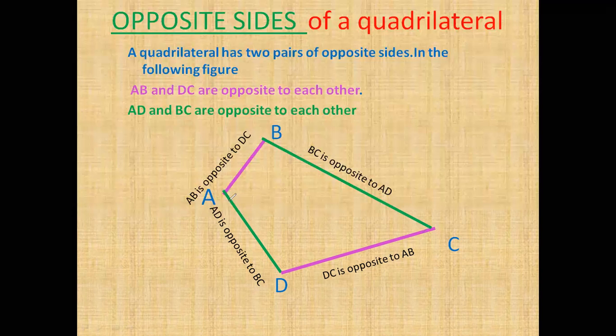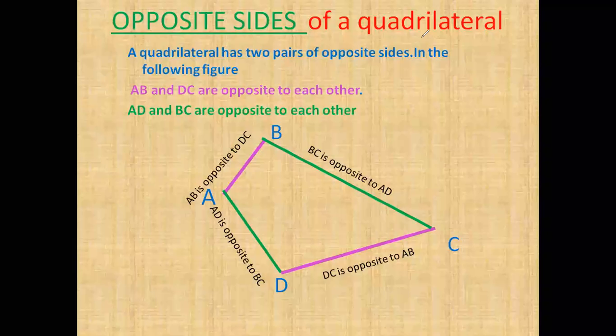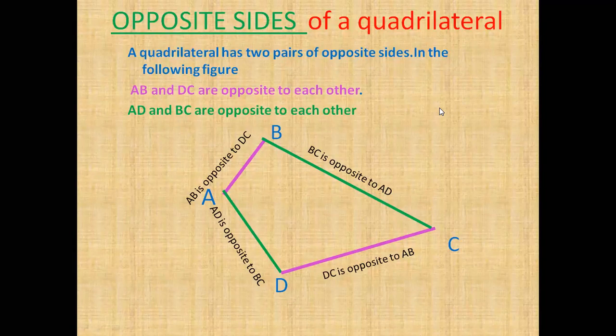Similarly, the side AD and the side BC, which are in green, which also do not intersect, are opposite to each other. So we can say AB is opposite to DC and AD is opposite to BC. So a quadrilateral has two pairs of opposite sides.